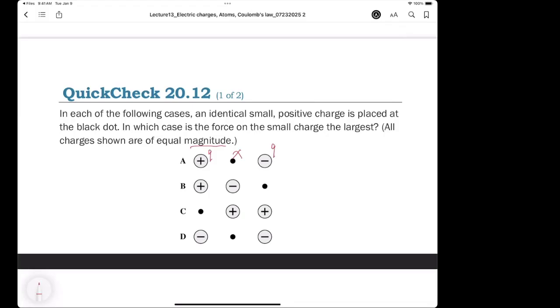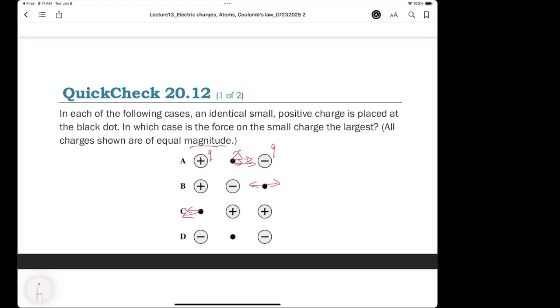It will have the positive force, this one will have these two together, and this one will have this one and this one.